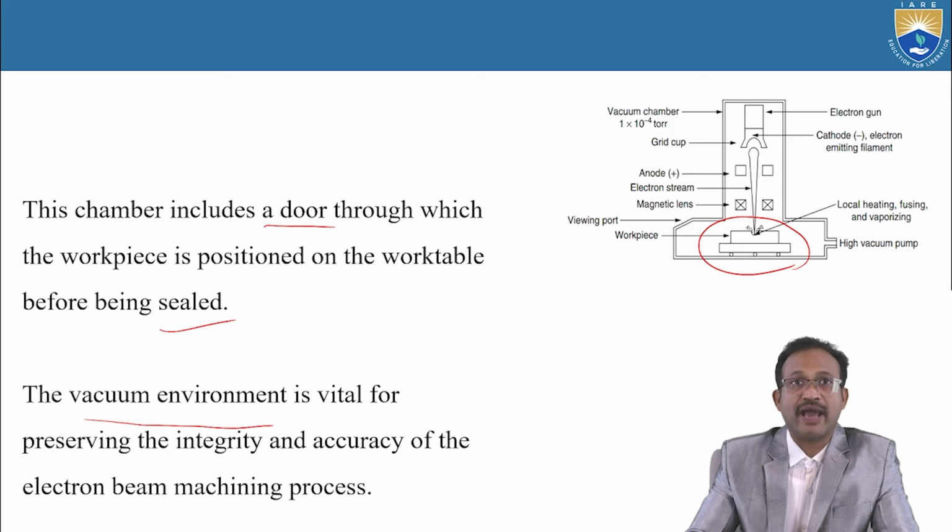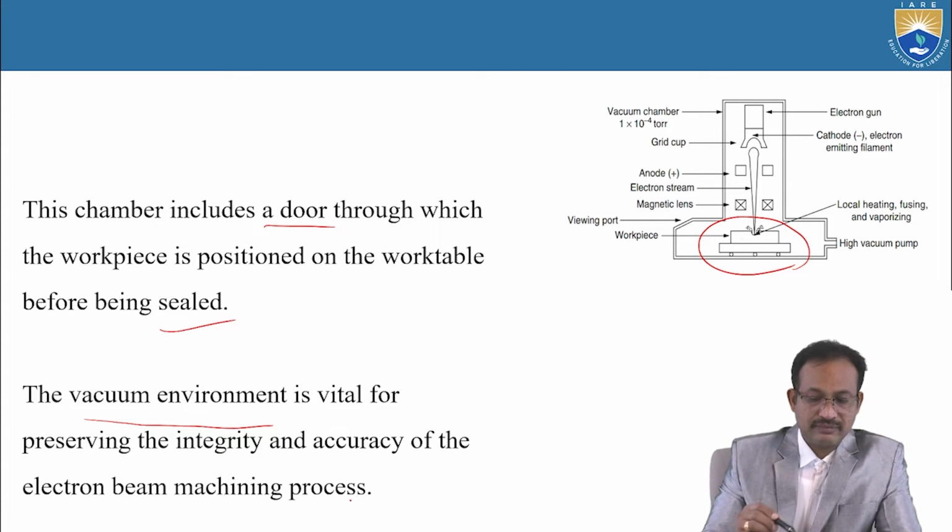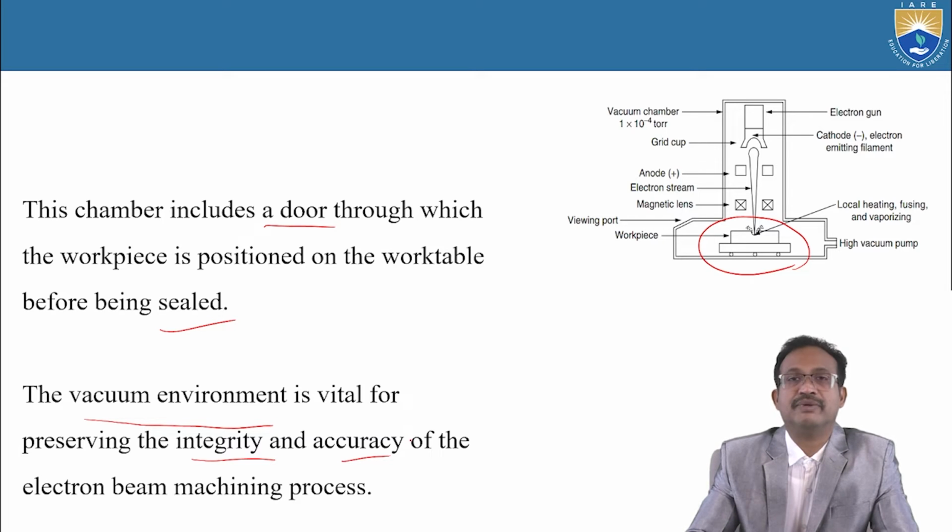The vacuum range differs depending on the vacuum level provided, and it definitely influences the machining process, that is, the integrity and accuracy of electron beam machining.